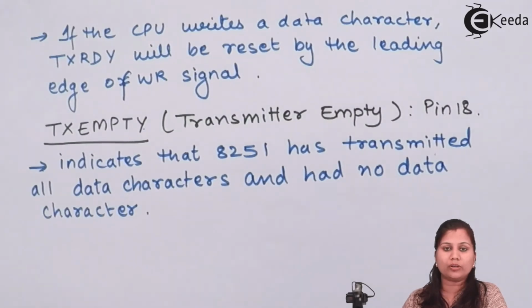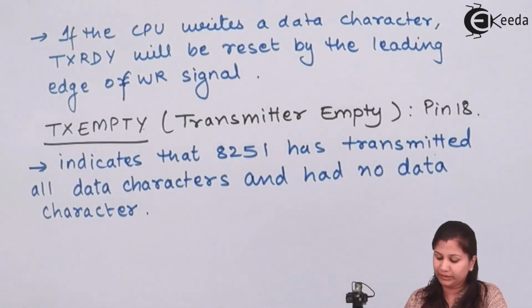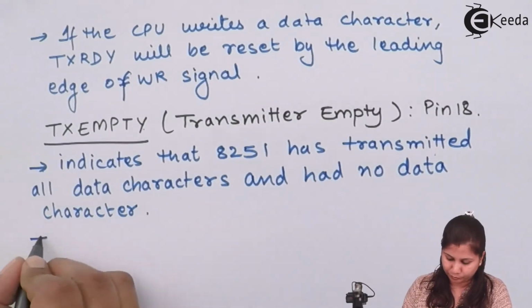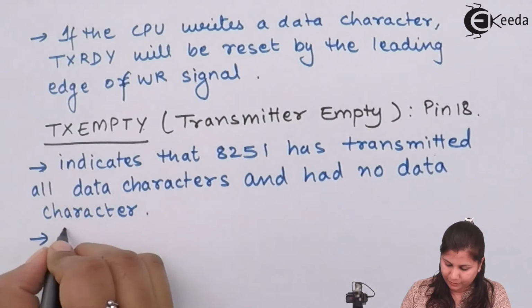So in the synchronous mode, along with the data characters, we have the sync bits also. In synchronous mode, all the data character bits plus the sync bits are automatically transmitted, and the transmitter is now empty. No data character is now available with it.